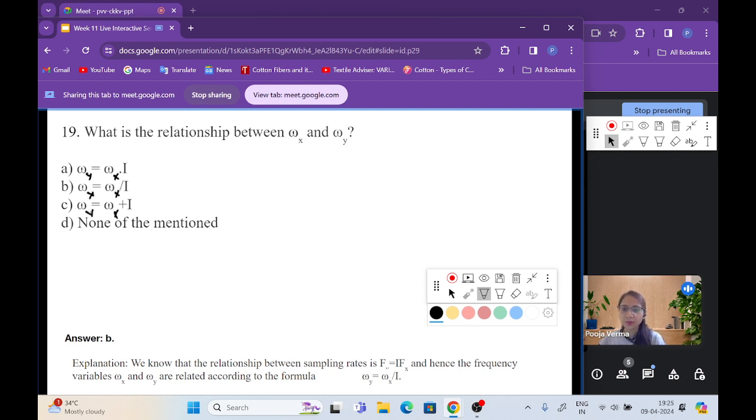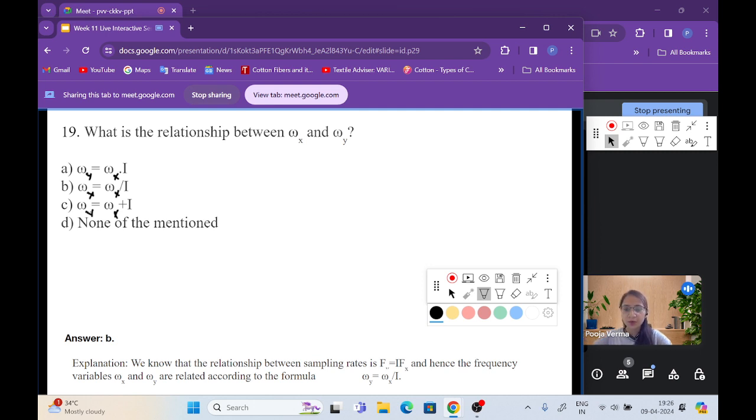So what is the relation between omega x and omega y in terms of interpolation? Here the interpolation factor is given as I. So first go through the options, then think about this, then answer.